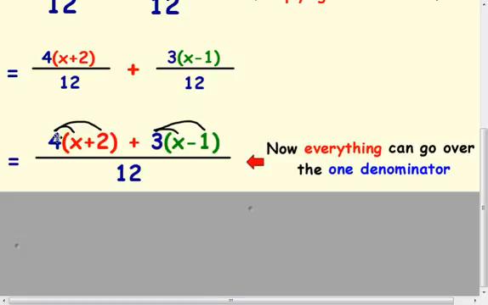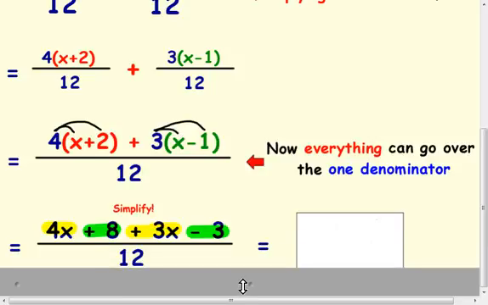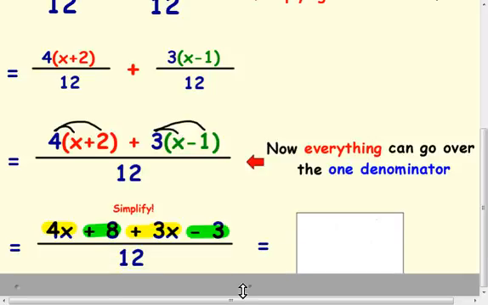So 4 times x is 4x and 4 2s are 8. 3 times x is 3x and 3 times minus 1 is minus 3, like that. Now if you simplify this top line, add your x's together and add or subtract your numbers. So x's here becomes 7 and this becomes 5, doesn't it? So it's 7x plus 5 over 12.